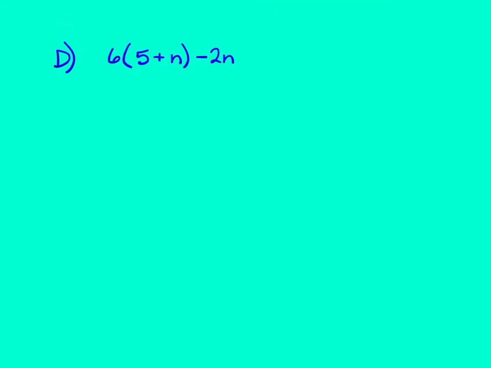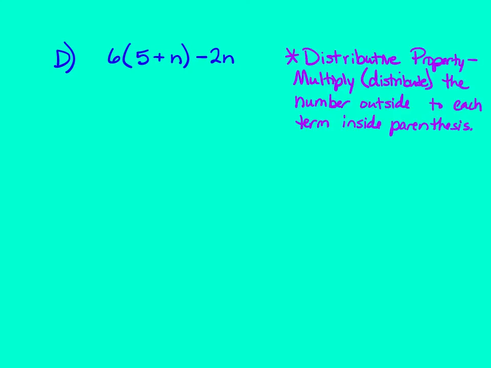Part D, we have 6 times the group 5 plus n minus 2n. This is going to use the distributive property. The distributive property is going to multiply or distribute the number that's outside to each term inside the parenthesis. So in this case, we have 6 that is outside the parenthesis.